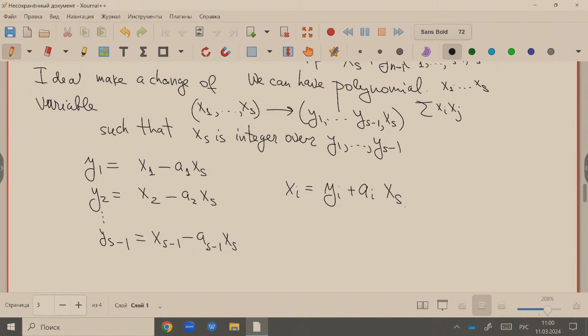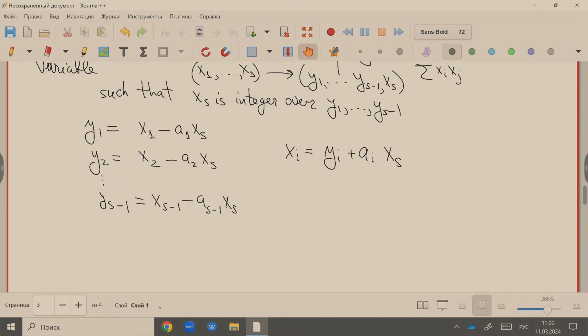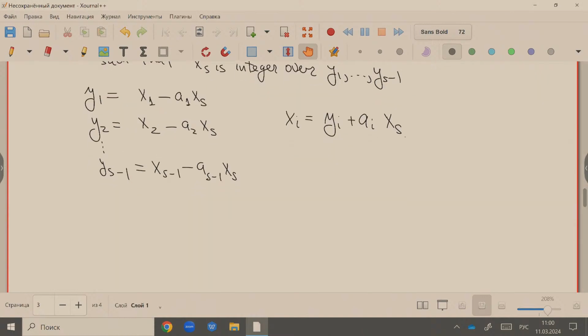So your polynomial, let us understand why this linear change is plausible for us. So let us calculate it on a monomial. So take the monomial x1 to the n1, etc., xs to the ns.